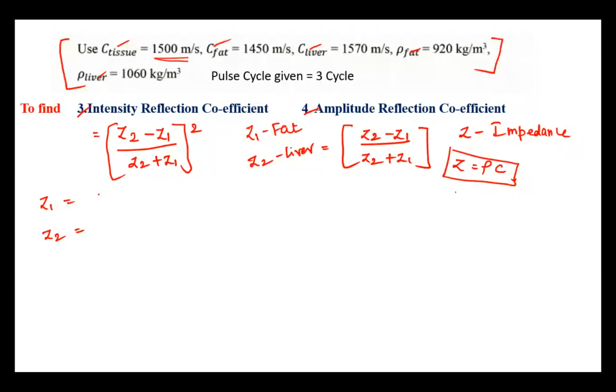So Z1 is rho fat into C fat, speed. Z2 is rho liver into speed of liver. This is 920 into 1450. So what is the value here?